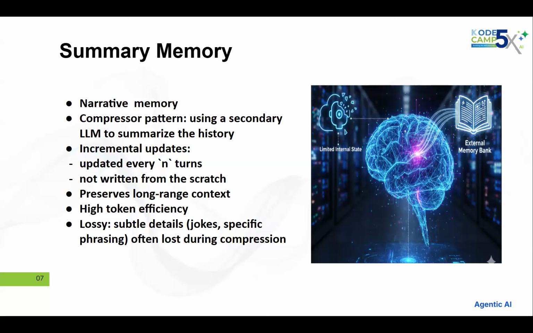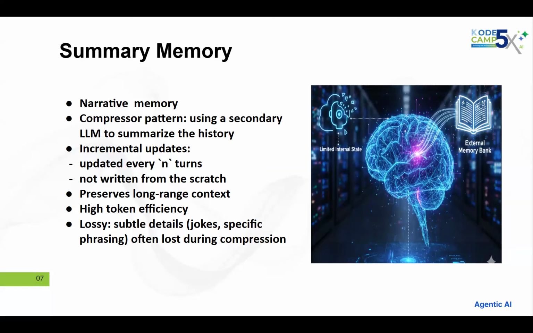It doesn't capture the raw stream of episodes, but it paraphrases and summarizes them, and so it makes use of the compressor pattern. In this case, it uses a secondary LLM. In the code we will look at, we are using the same LLM anyway, but typically you may use a secondary LLM, maybe even a smaller one, to summarize that history.